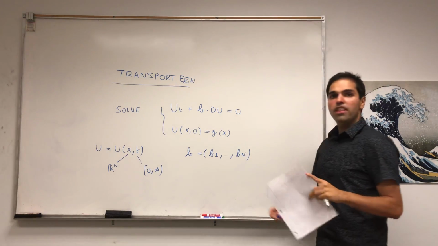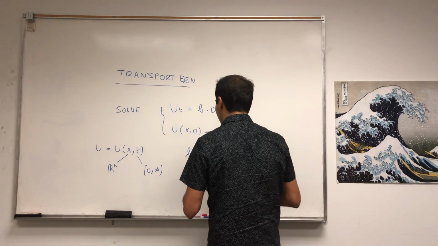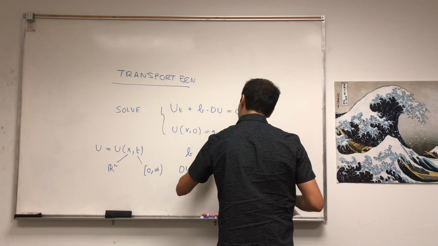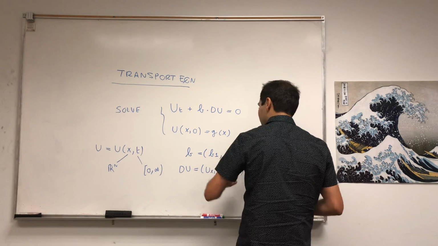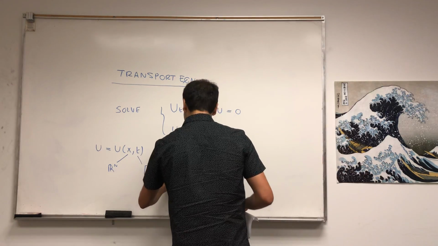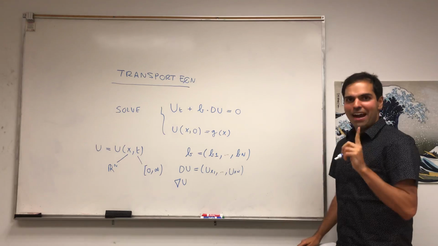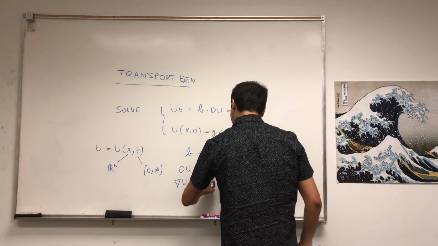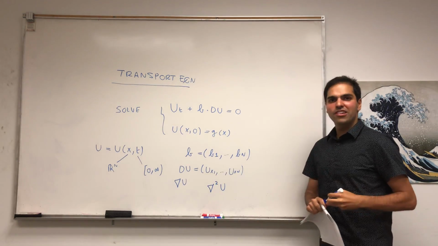And Du is just the gradient of u in x, another way of writing (u_x1, ..., u_xn). Some people write it as gradient of u, but that's very bad notation, because consider gradient squared of u.